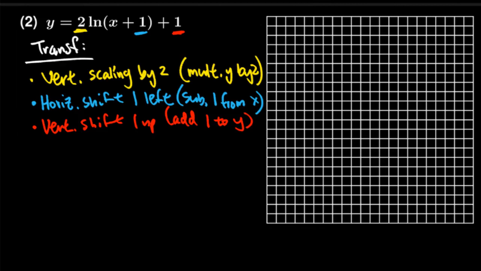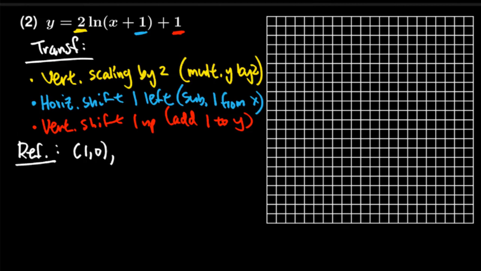Okay, so the question is, what are we talking about with these things that we're multiplying and subtracting, adding from? So, let's look at the reference points. That just means the important points and asymptotes that you're going to need to graph the parent function itself. Okay, so we know that there is an x-intercept at, in this case, 1, 0.